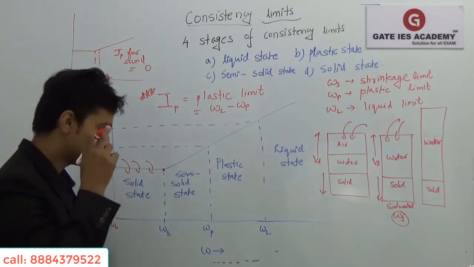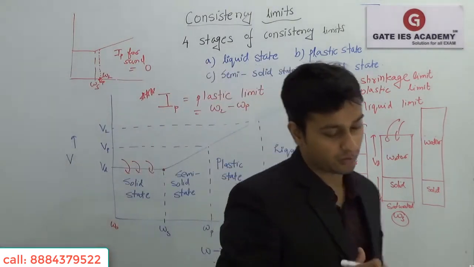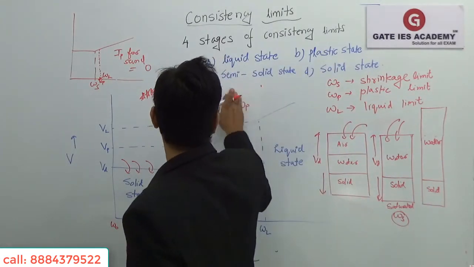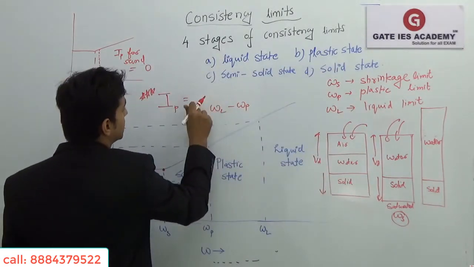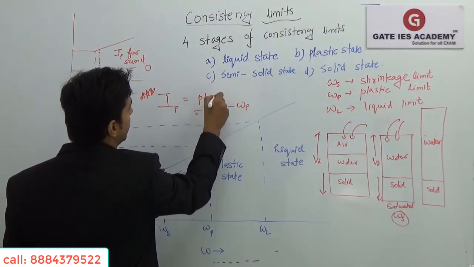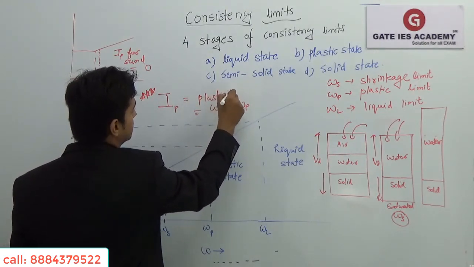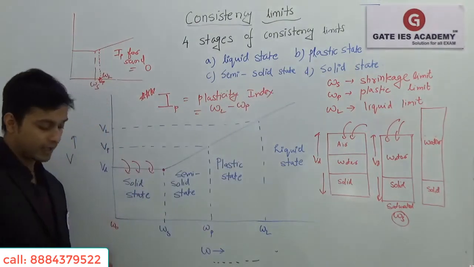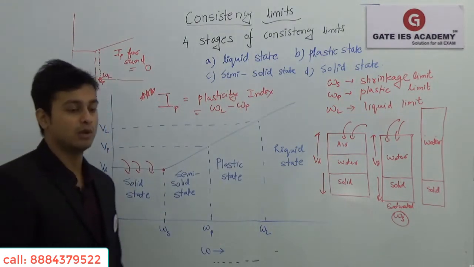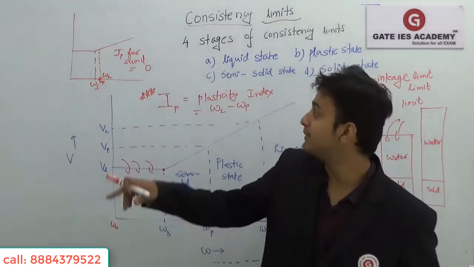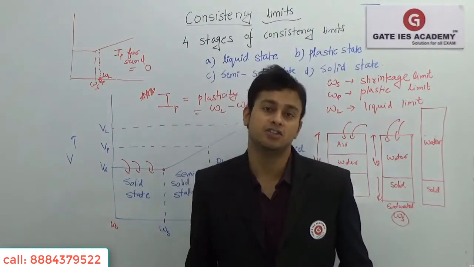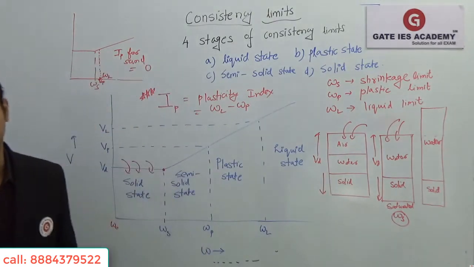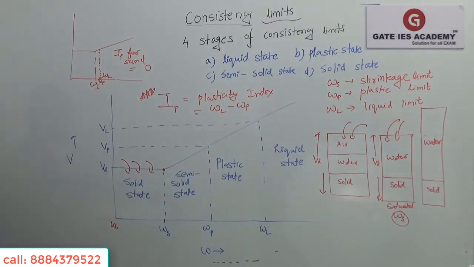Sorry, this is not the plastic limit, we have already studied that. This is called the plasticity index. The plasticity index is WL minus WP. So IP for sand will be nothing but 0 because there is no difference between WL and WP. Please note this down. This is very important.